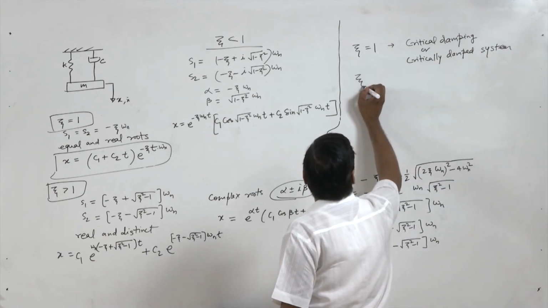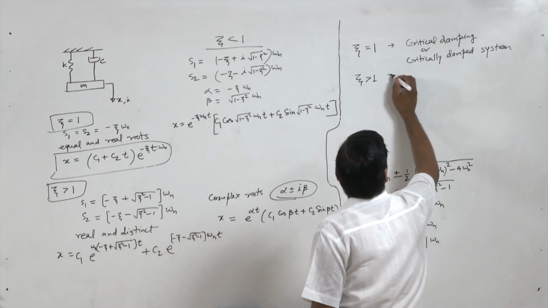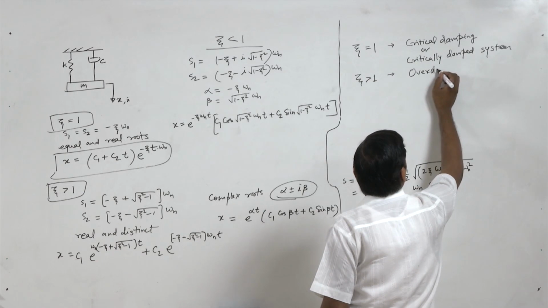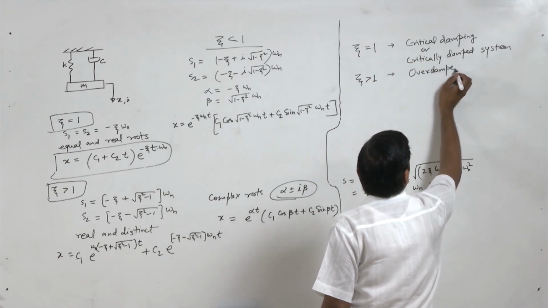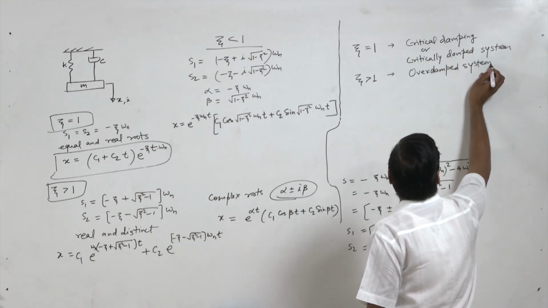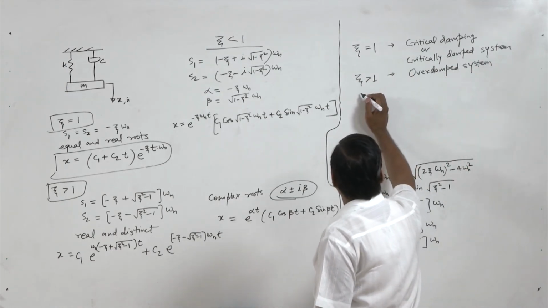If zeta is greater than 1, we call it an overdamped system, or overdamping of the system.